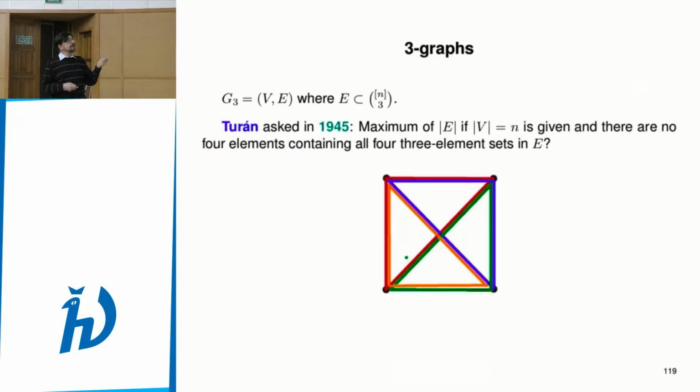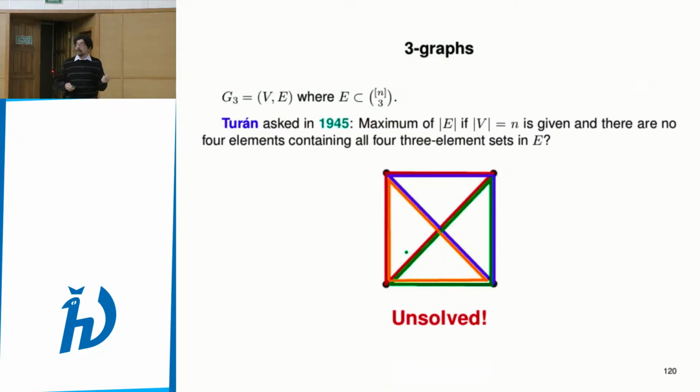And so Turán's theorem, so this was asked by Turán in '45, that we take a family of 3-element sets. What is the maximum number of 3-element subsets, avoiding this one, where 4 elements and all 4 3-element subsets are chosen. So this is avoided. Then what is the maximum number? And this problem is still unsolved.